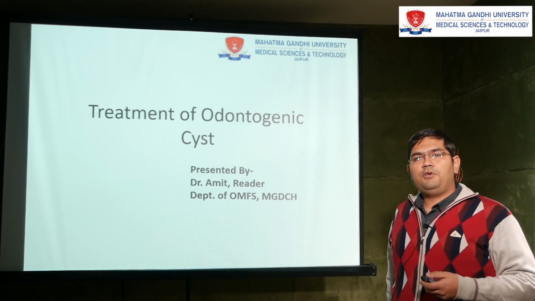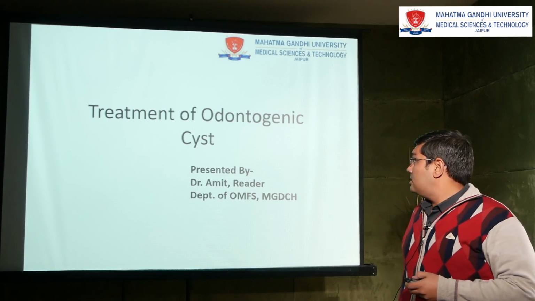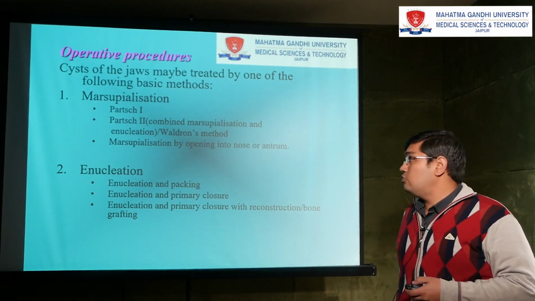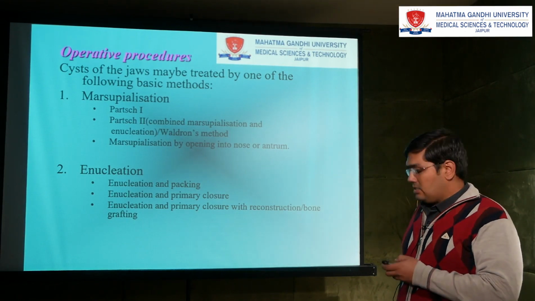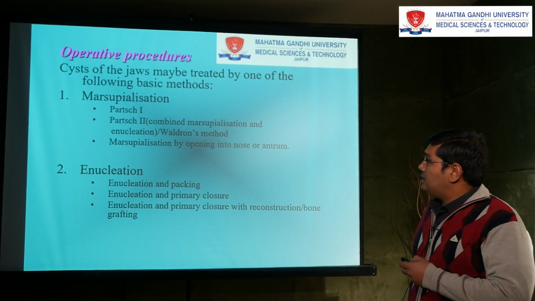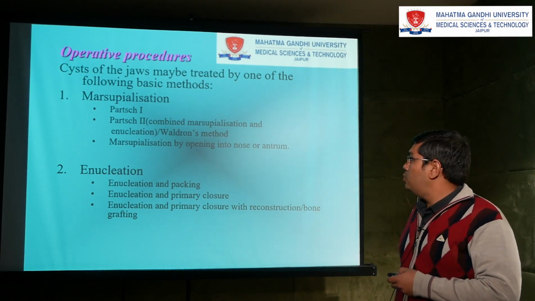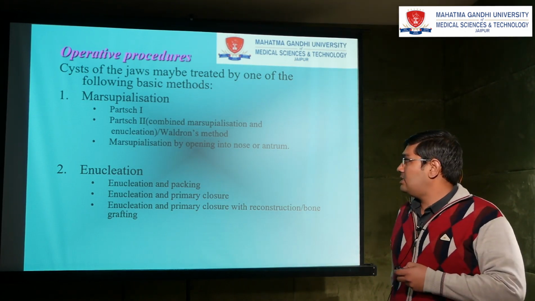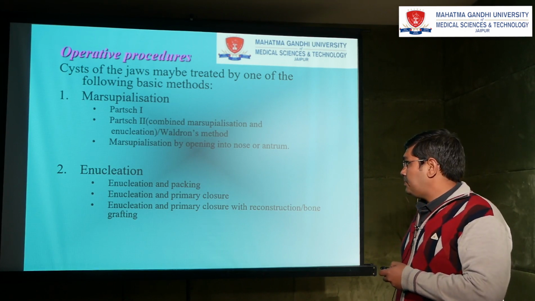Today in this video lecture series we are discussing treatment of odontogenic cysts. So basically the cyst of oral cavity or cyst of jaw bones can be mainly treated by these two methods that are called as marsupialization and enucleation. Marsupialization is further divided into three types: pars 1, pars 2, that is combination of marsupialization and enucleation, and last is marsupialization into nose or antrum.